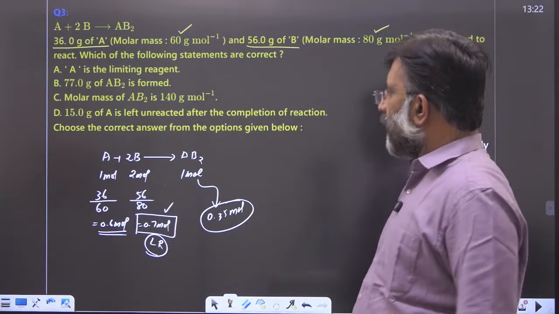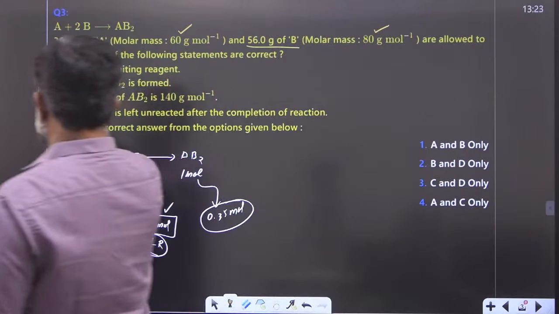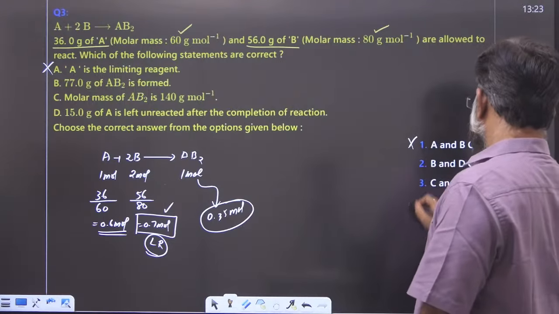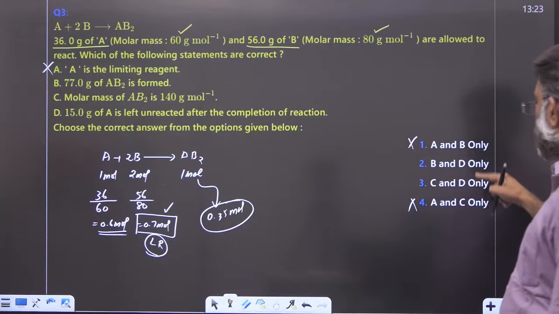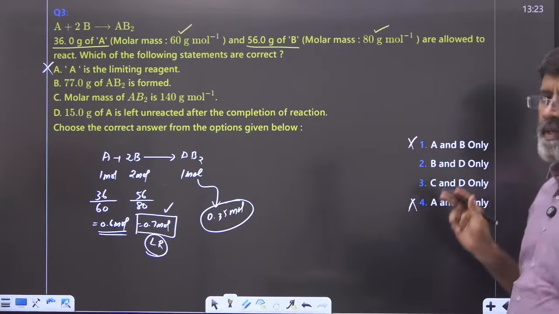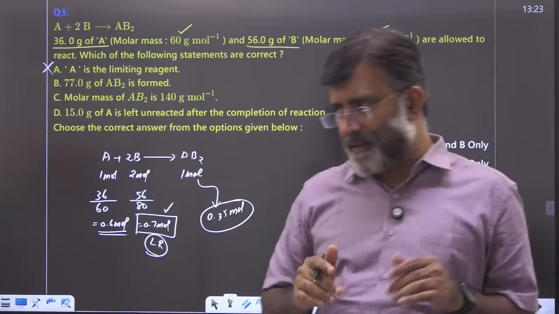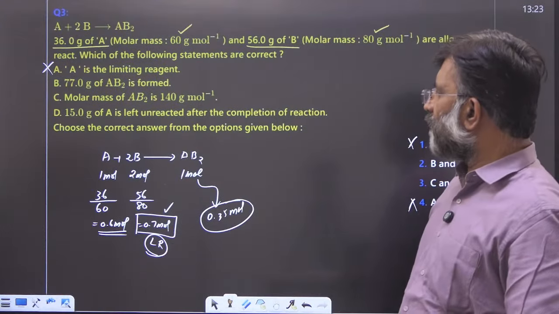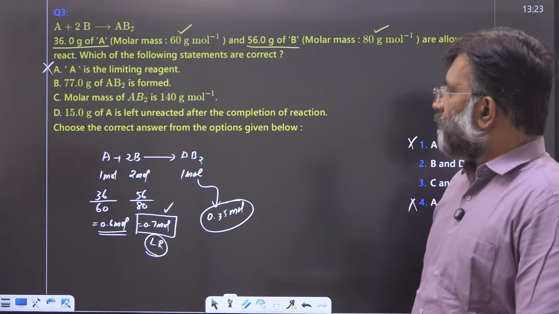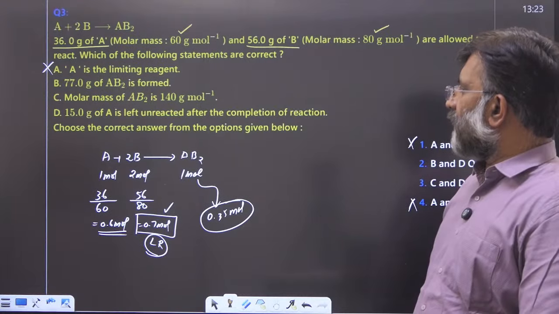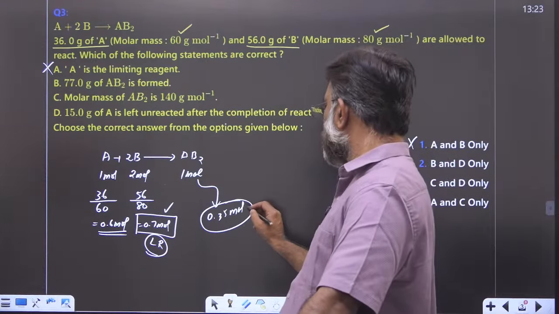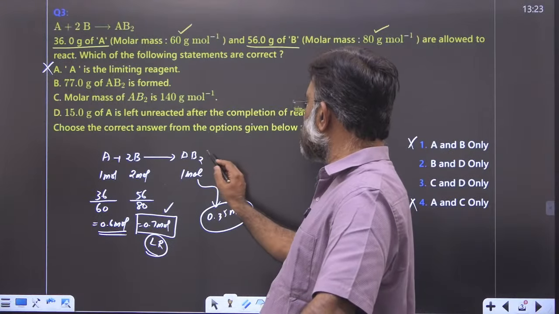Option A, A is limiting reactant, തെറ്റാണ് കേട്ടോ. അപ്പോൾ ഇതും തെറ്റാണ്, ഇതും തെറ്റാണ്. ഒന്നുകിൽ ഈ BD or CD, that will be the answer. കാരണം A തെറ്റാണ്. കാരണം B is the limiting reactant. Okay. What about B? 77 gram of AB2 is formed. ശരിയാണോ? നോക്കാം. 0.35 mole. ഇതിന്റെ മോളാർ മാസ് എന്ത് വരും?